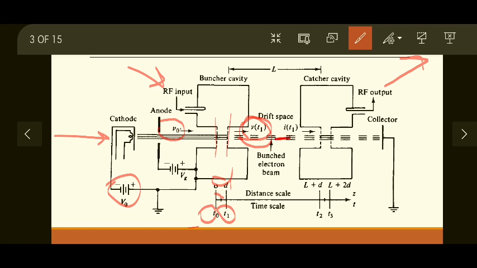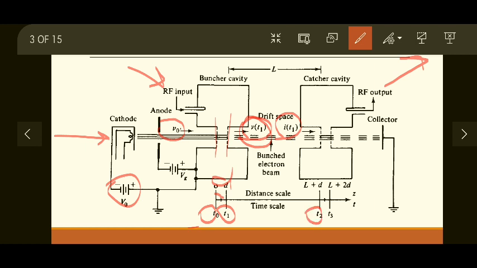Then it is shown as I of t1, that is the current associated with that electron beam, because current is nothing but a flow of charges, and these are electron charges. So that is shown over here as I of t1. Then it enters the catcher cavity at time t2.